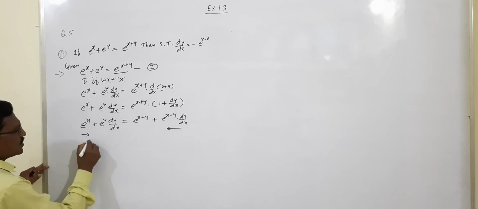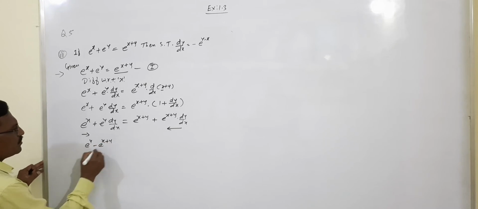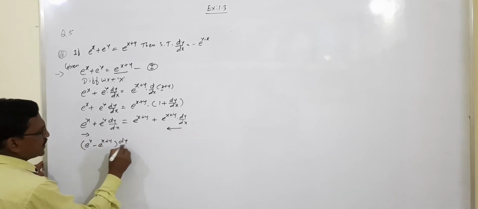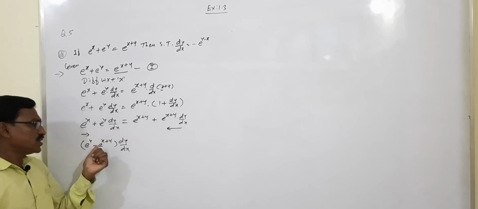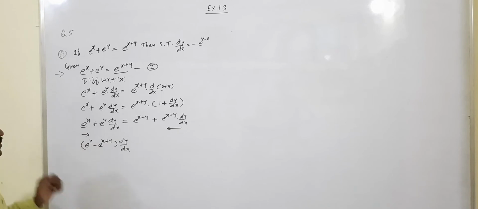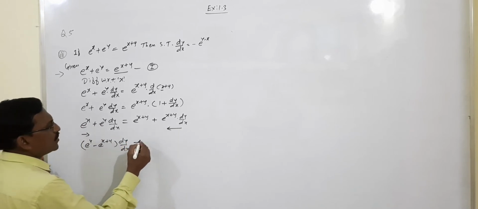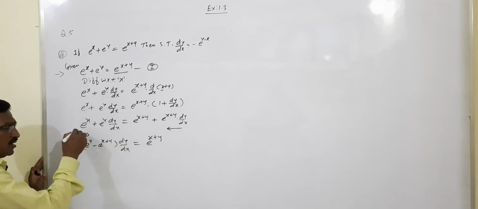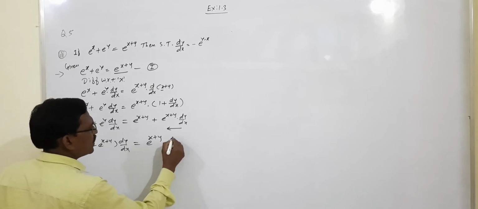So term is e raised to y minus e raised to x plus y, and we take common dy by dx. First of all, here we take this term, it is minus e raised to x plus y. This e raised to y as it is, and we take common dy by dx. Now again in the right hand side, e raised to x plus y as it is here. Now this term in the left hand side, that's why it is minus.